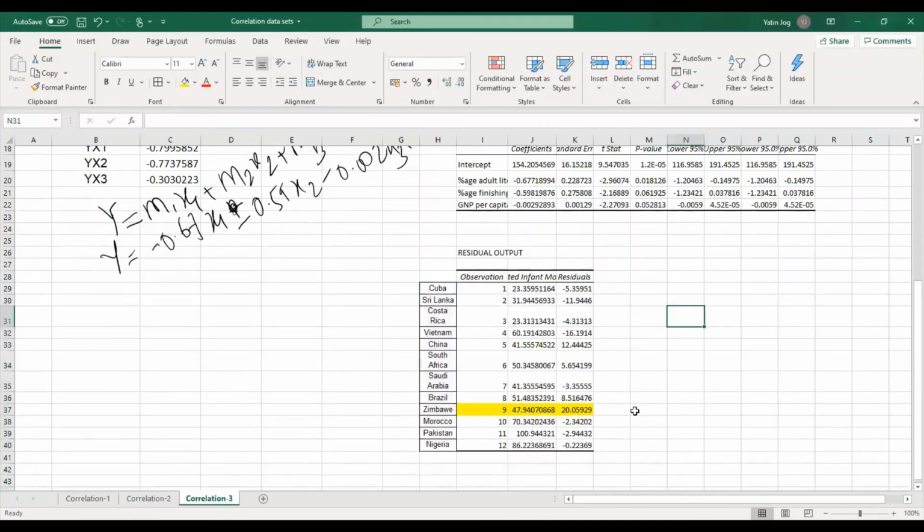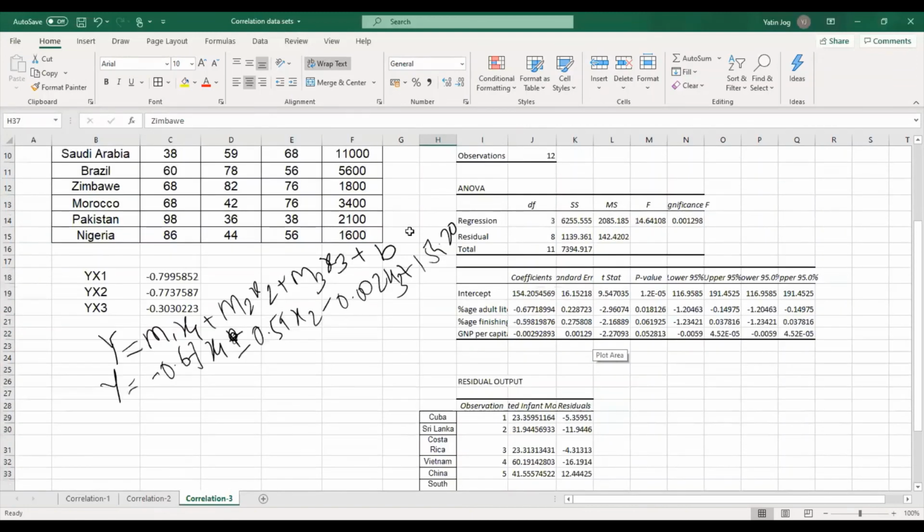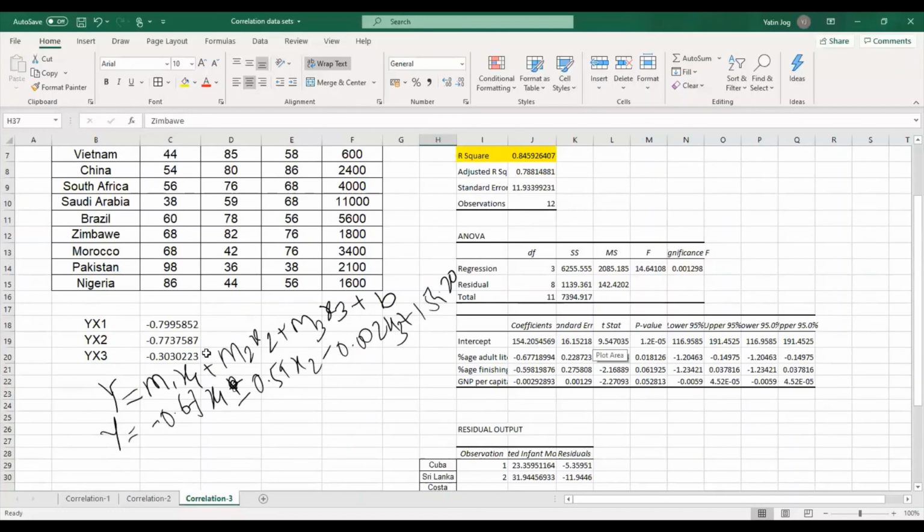Okay. So Zimbabwe. The highest deviation in terms of residuals is for the country Zimbabwe. That also indicates that whatever my data model is, which I think based on R square value is a good model, my x1, x2, x3 are good predictors of y.